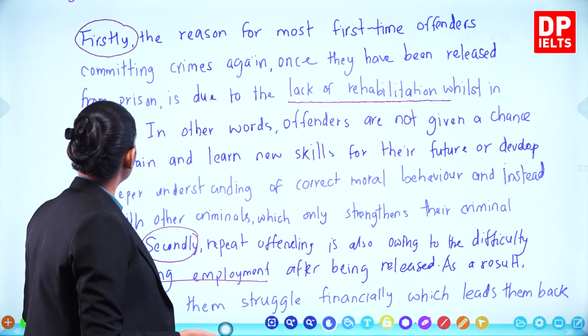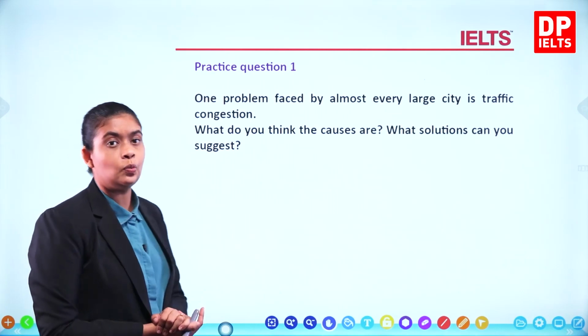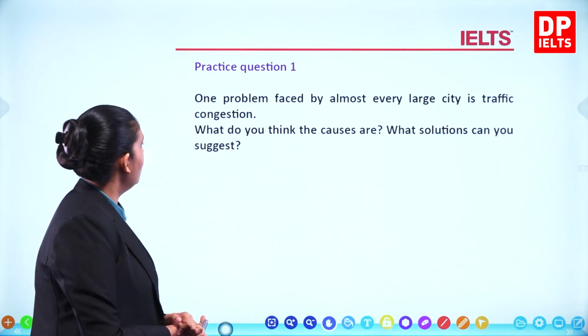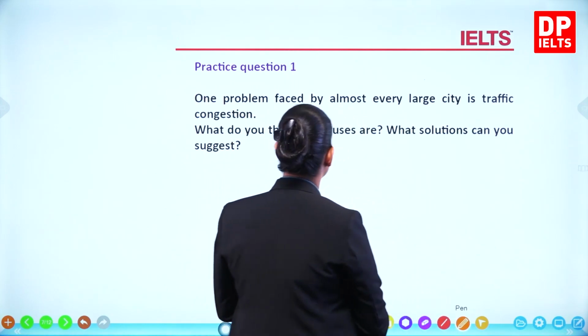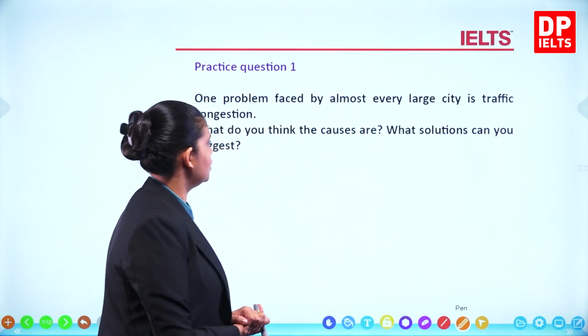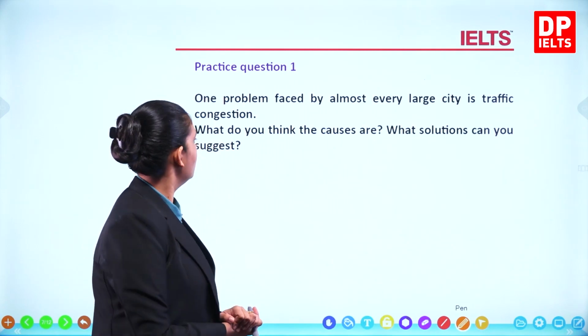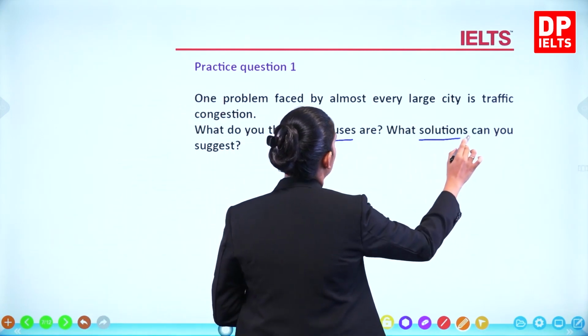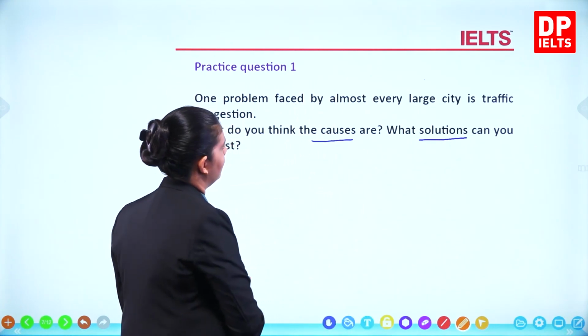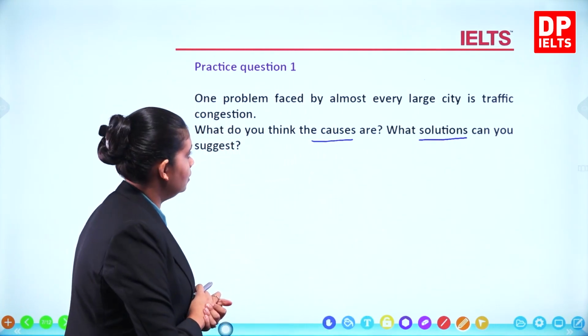Right, so let us have a look at practice question 1. One problem faced by almost every large city is traffic congestion, okay? What do you think are the causes and what solutions can be taken, okay?